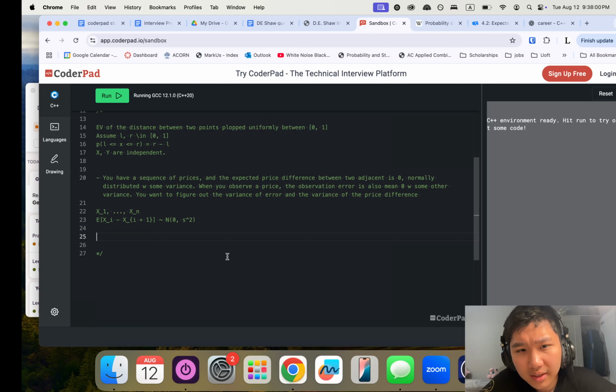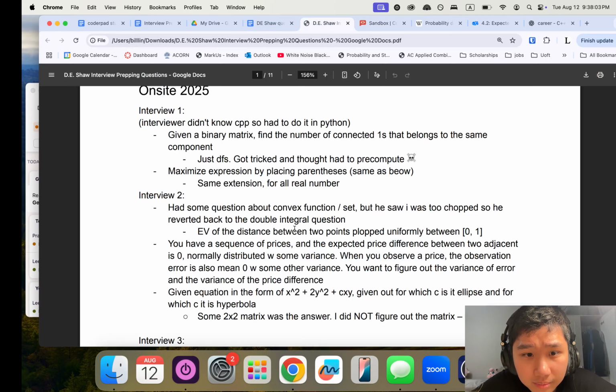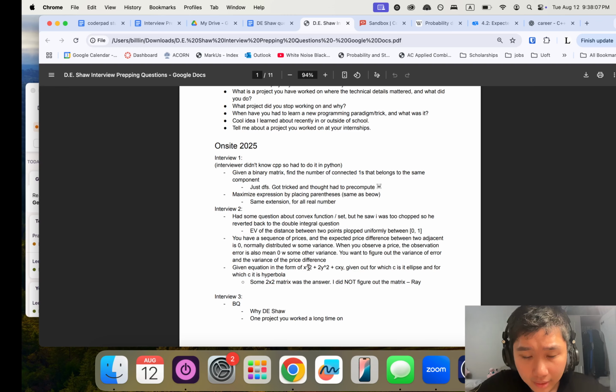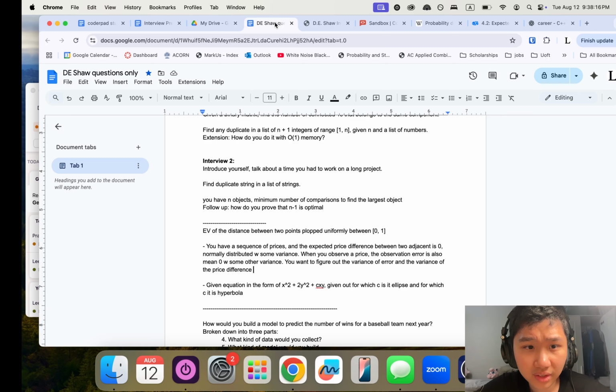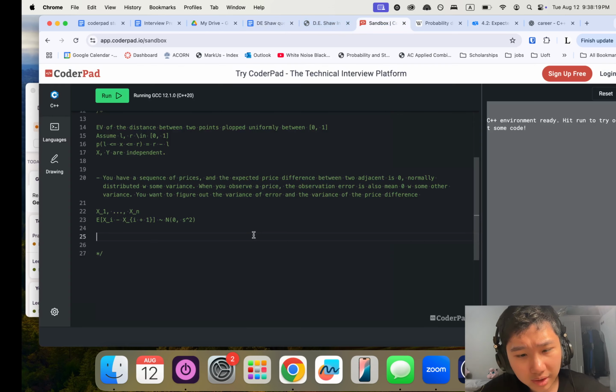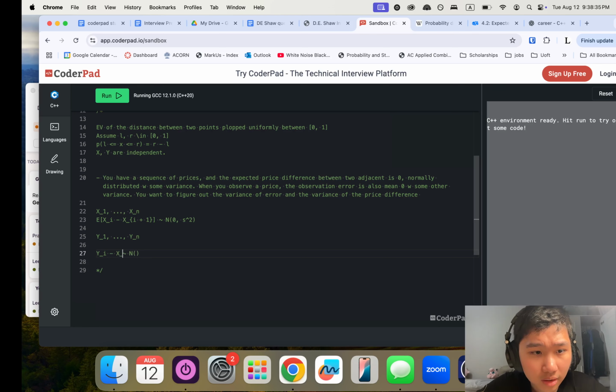Observe a price. So you're saying we also have y1 through yn, where yi is normally distributed around xi, with variance v.